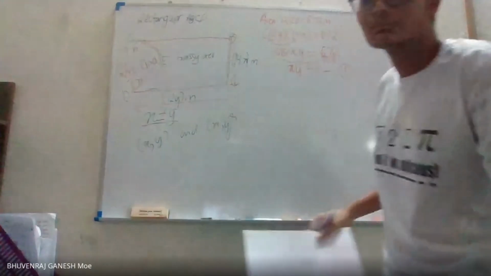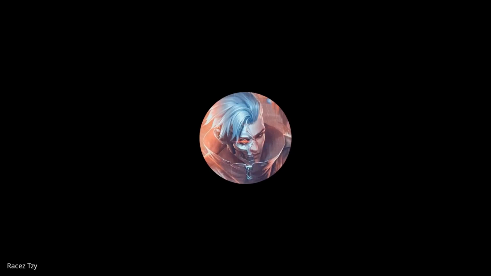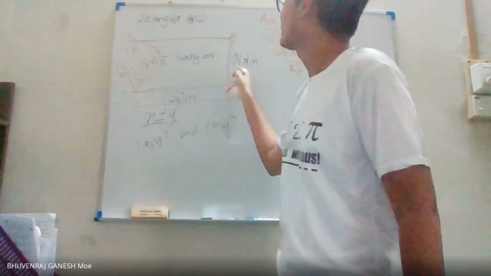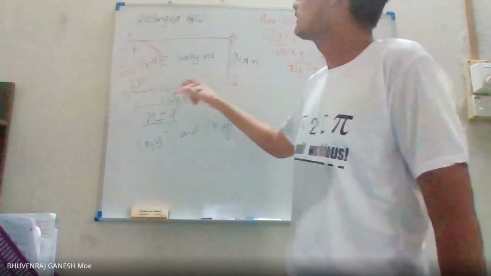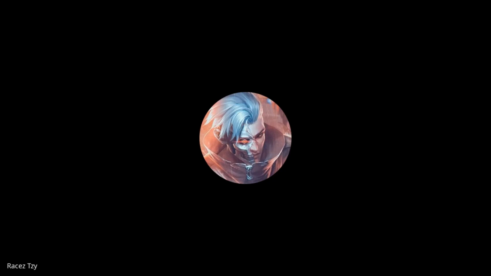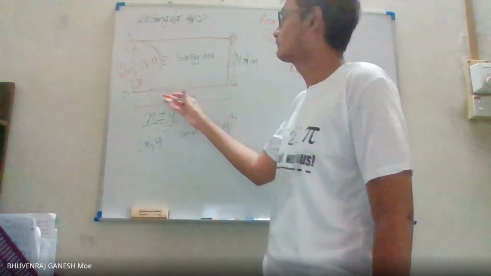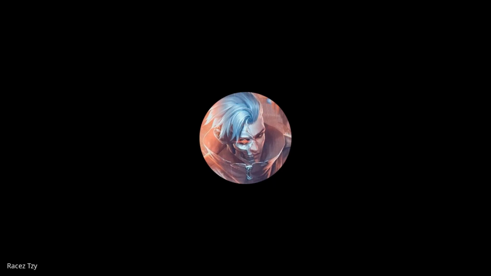So you know how to find the radius, right? This one here, the rectangle here will be 14x also, right? So if radius, how much will it be? The radius must have equal length on both sides. It's a semicircle.